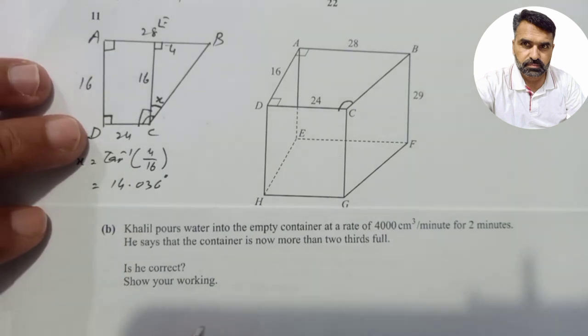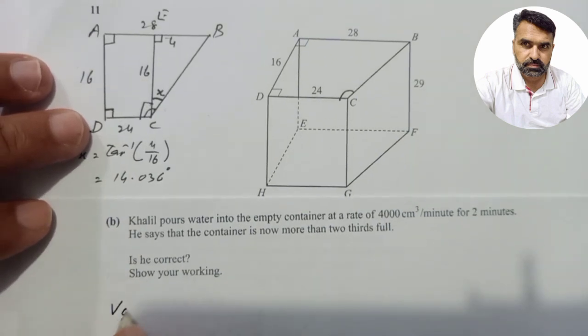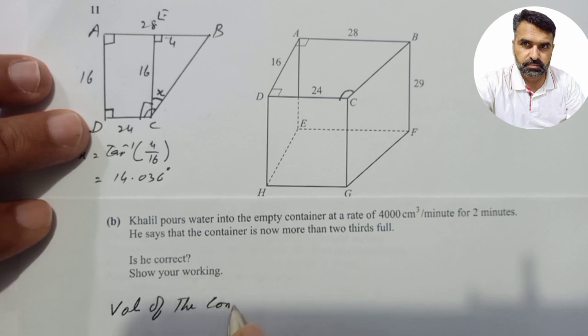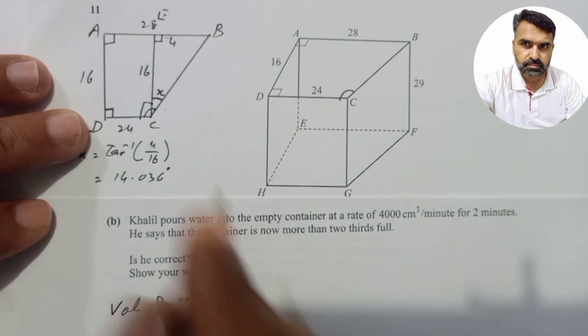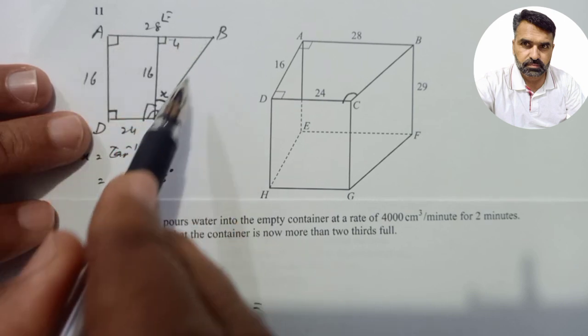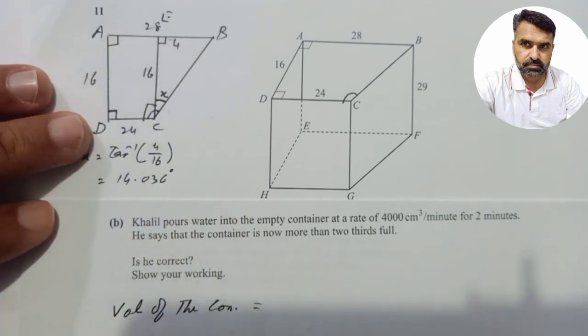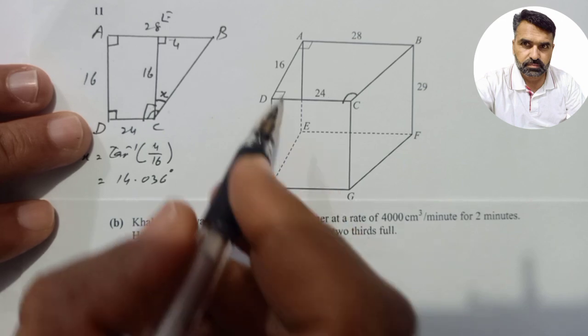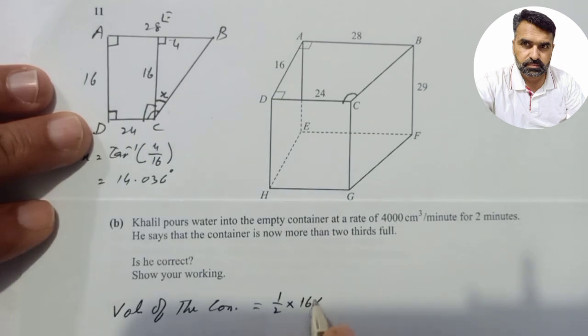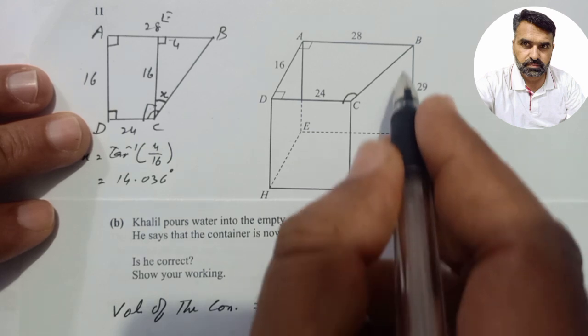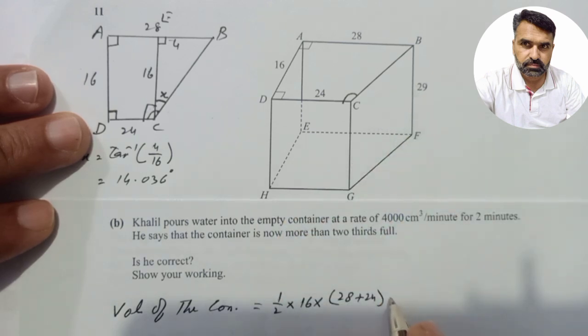So I will write the volume of the container. Because its cross-sectional area is a trapezium, the area of a trapezium is 1 over 2 multiplied by the base, which is 16, multiplied by the sum of the parallel sides, which are 28 and 24, and the height of this prism is 29.